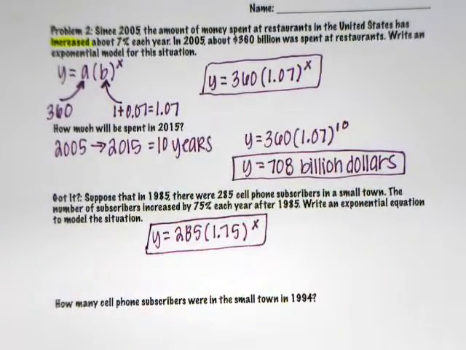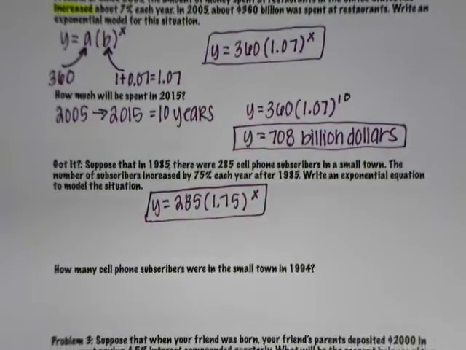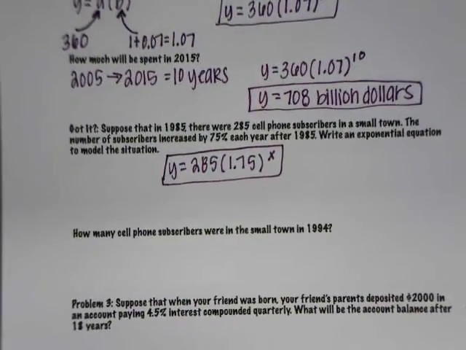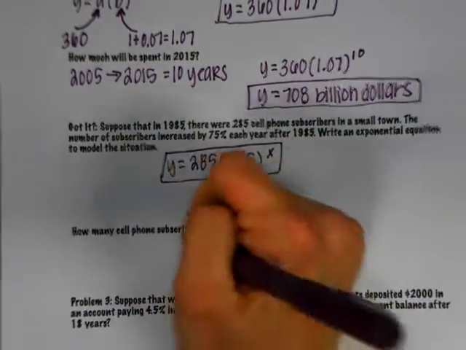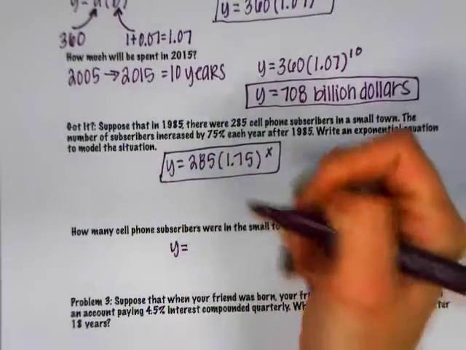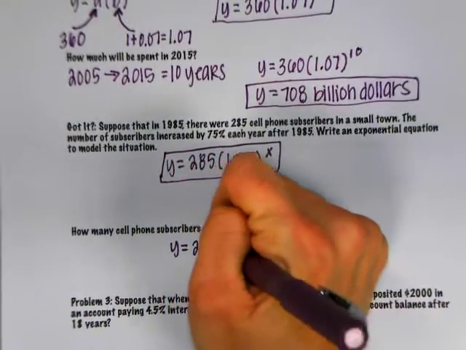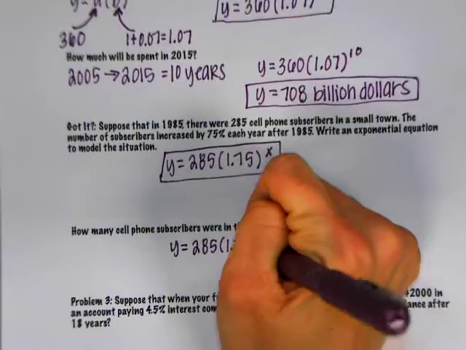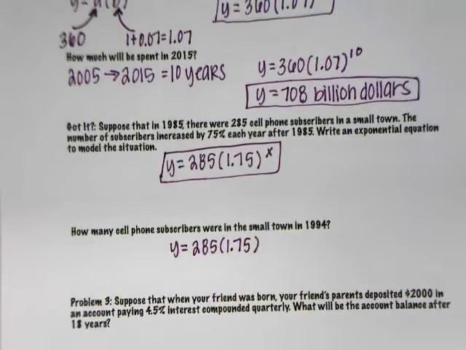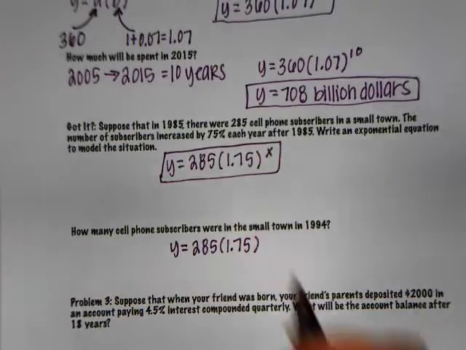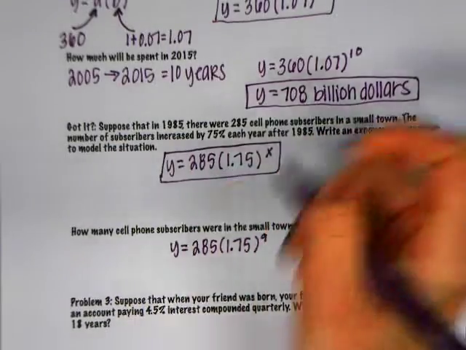Okay, and then how many cell phone subscribers were in the small town in 1994? So what are you using for the exponent? So it's going from 1985 to 1994. Yeah, so 9. And then what do we get?